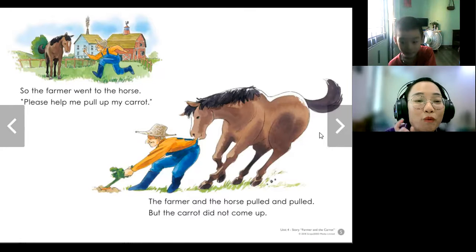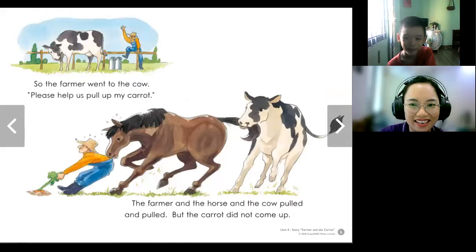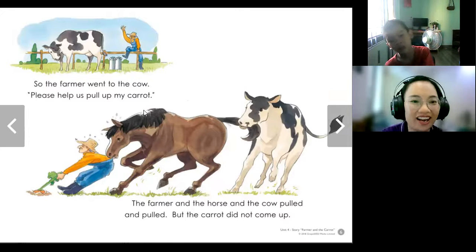And then who did the farmer go to? The farmer went to the cow. Yes, he went to the cow. Good. And what did he say to the cow? The farmer said, "Please help me pull up my carrot." Good job.